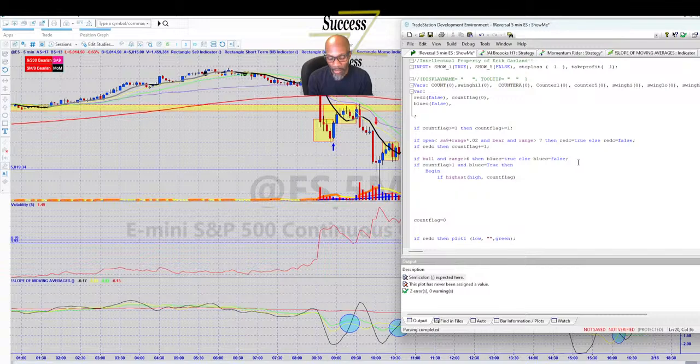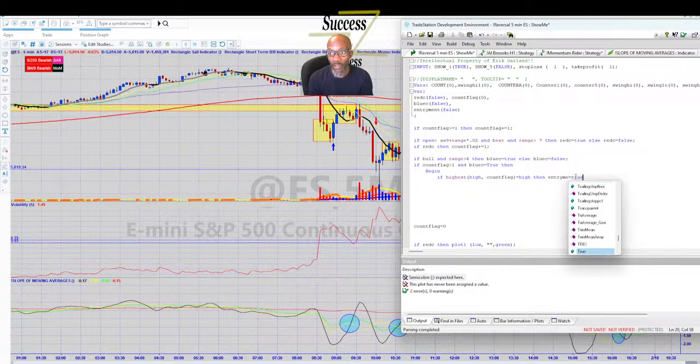That number, that's going to be a calculation. If that's equal to the high of the current bar, which is that blue candle, then we'll say entry met. Entry met is going to be a true false. It's going to start off as false. Okay, then entry met equals true.